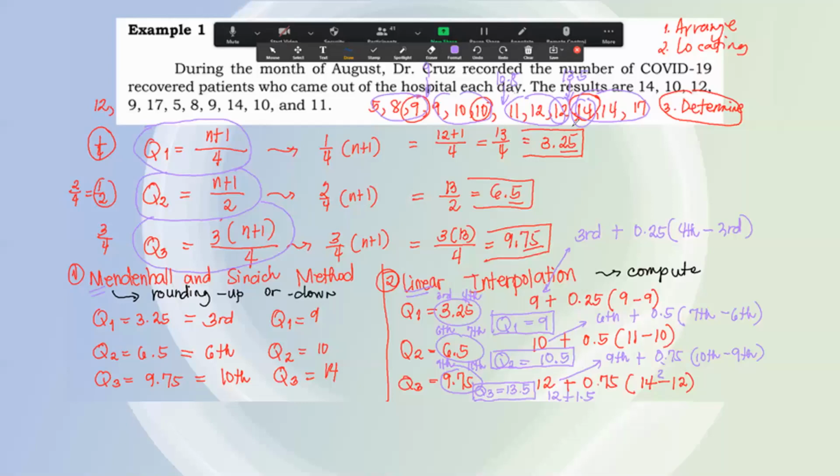Kung Mendenhall ba o yun ba ay linear interpolation.